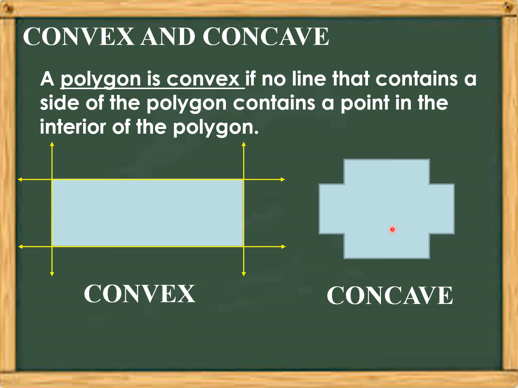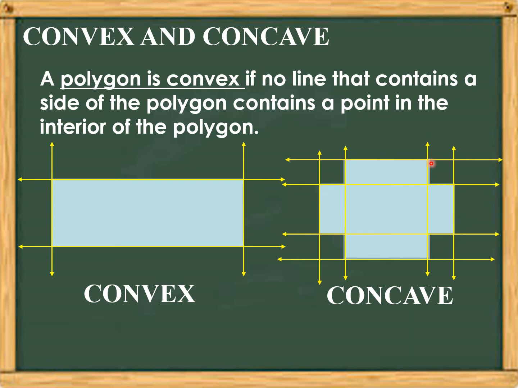So, let's have another polygon. Bakit siya naging concave? Ganun din, drawing din ako ng line sa kada side ng ating polygon. Yan. Nag-draw na ako. Eto, side din yan. Mga side din to. So, nung nag-drawing ako, as you can see, merong tumama sa interior part ng ating polygon.